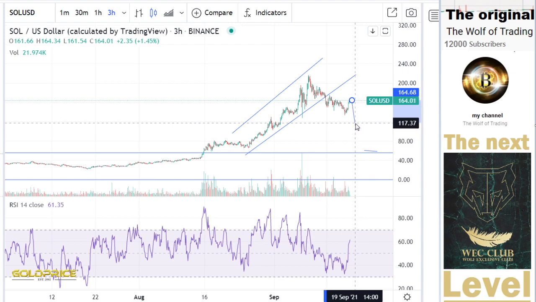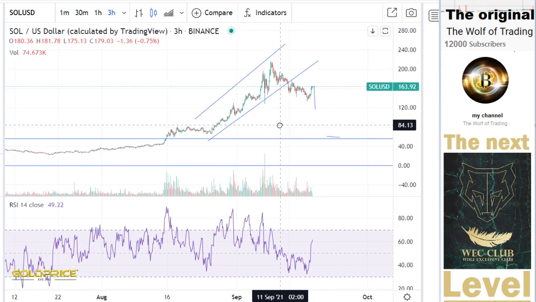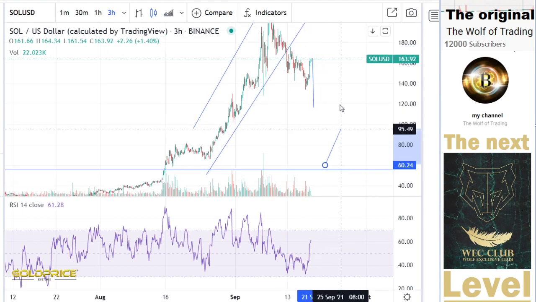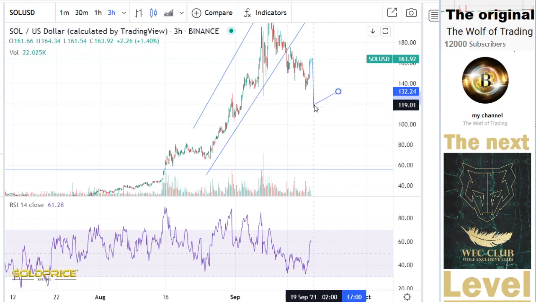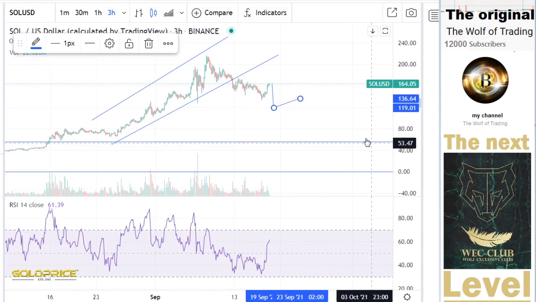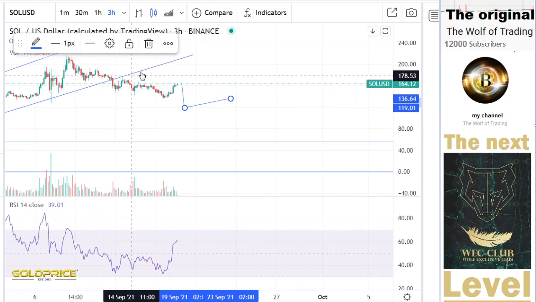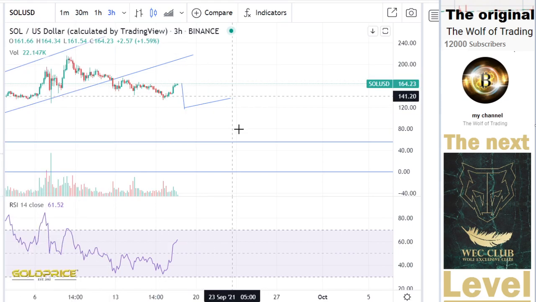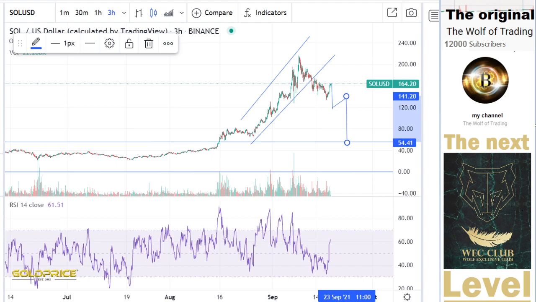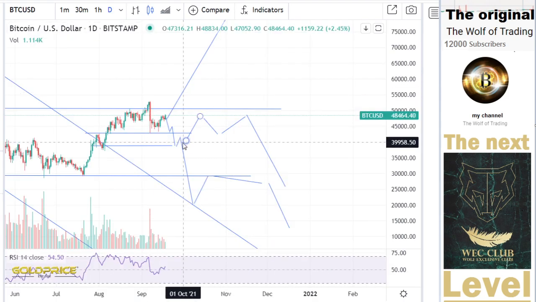So I think we could see the price fall to 127 or 116. If you once break to the downside, then we have a next problem. We could see a retest of this, and this formation here is dangerous. Look here, we have a left shoulder, head and right shoulder formation, and that means negativity to the downside.